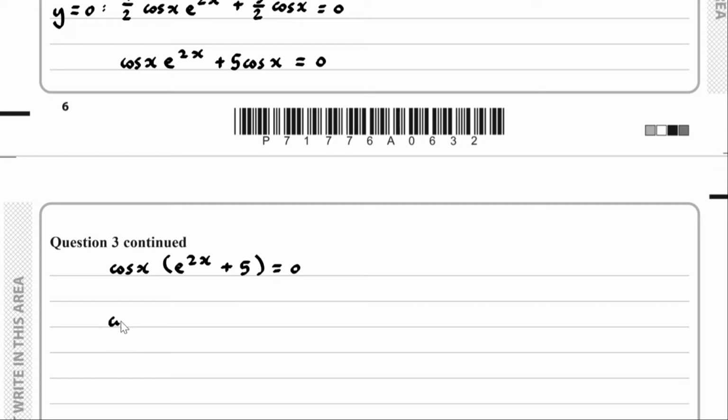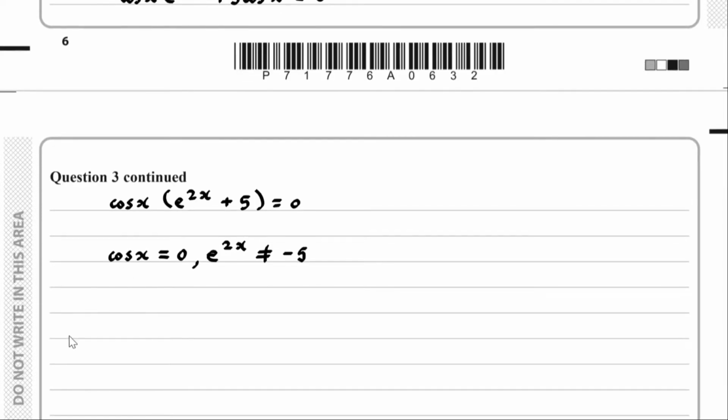So either cos x will equal 0, or we have e to the 2x plus 5 equals 0. Well, here we can clearly see that e to the 2x cannot equal minus 5 when we solve e to the 2x plus 5 equals 0. It gives no real solution.